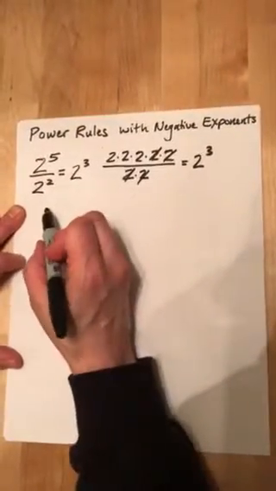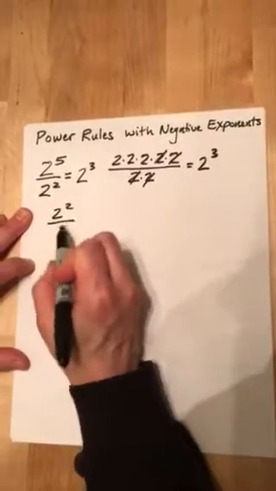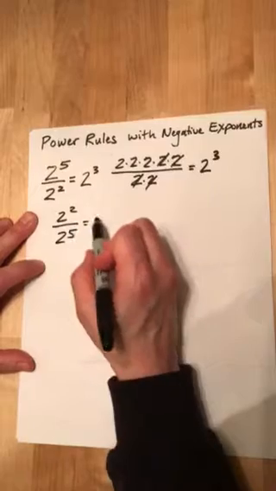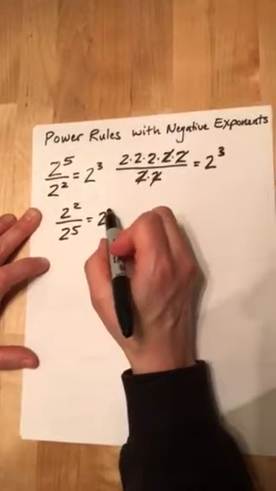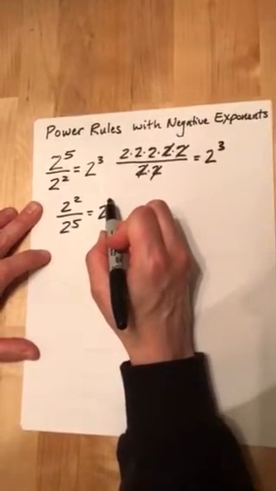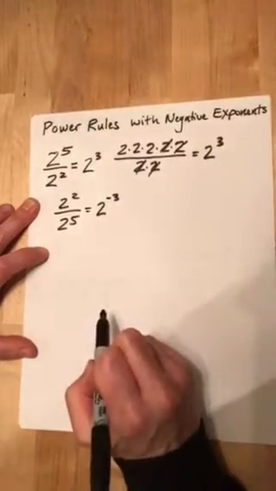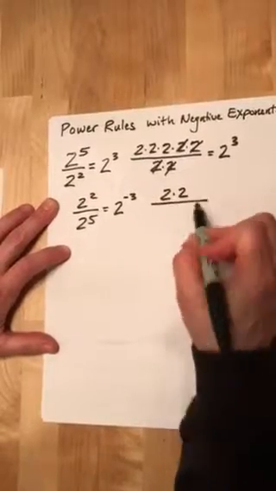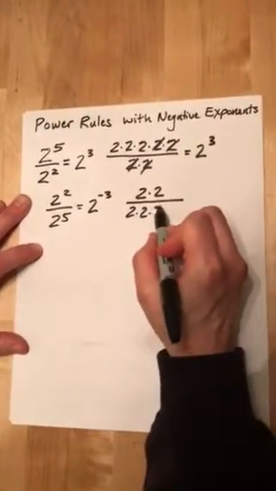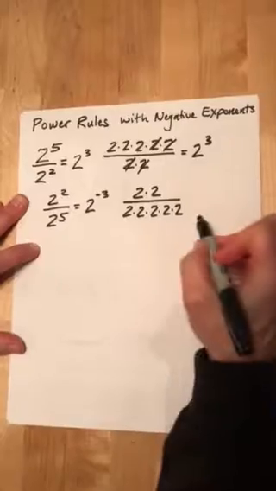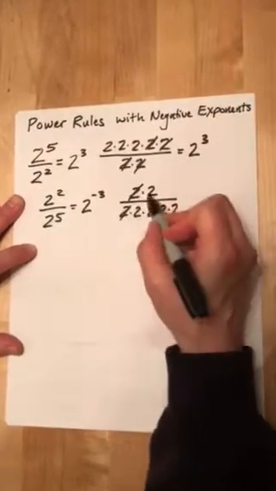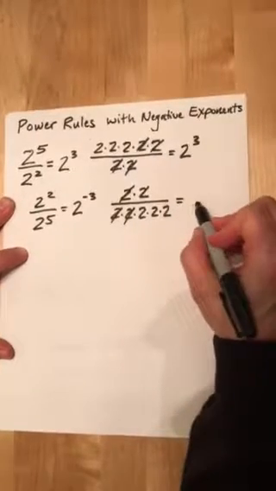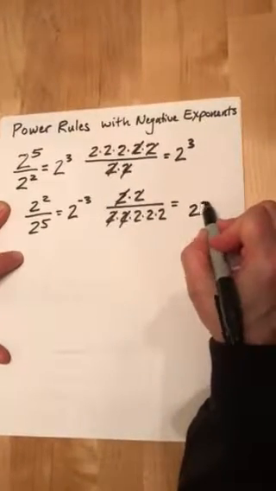If, on the other hand, we had 2 squared in the numerator and 2 to the 5th in the denominator, and we did our subtraction rule, we'd have 2 to the 2 minus 5, which would be 2 to the negative 3rd power. Let's think about that. This would mean 2 copies of 2 in the numerator, 5 copies of 2 in the denominator, and if we, again, canceled 2 sets of 2's, that would leave us with 3 copies of 2 in the denominator.